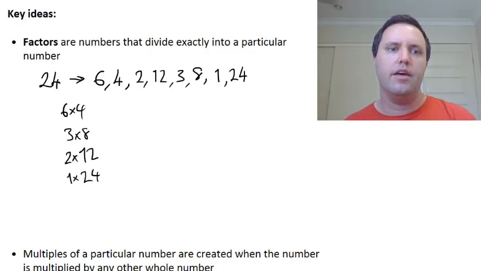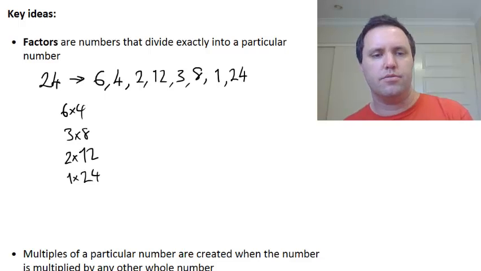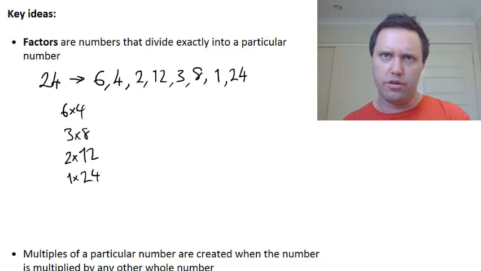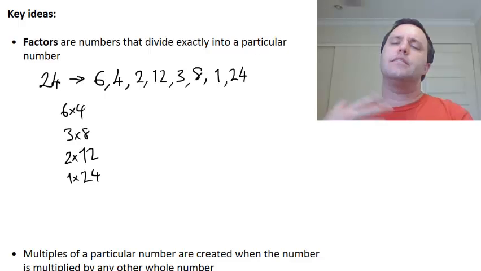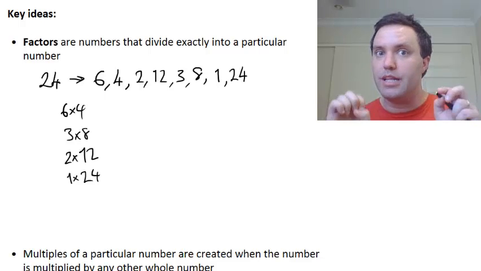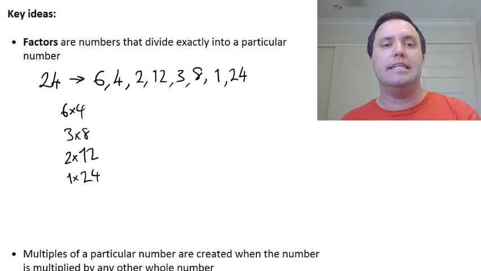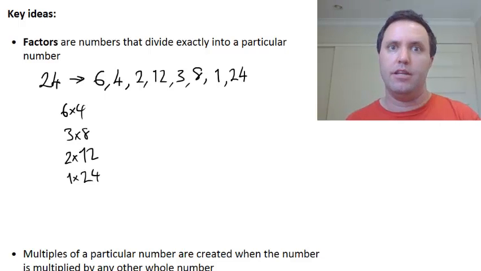Sometimes it might help to go, well, 1 obviously goes into it, does 2 go into it, does 3 go into it, does 4 go into it, does 5 go into it. So be a bit systematic about going through it, but really it's another one of those annoying things where the better you are at times tables, quickly being able to recall those multiplication facts, the better you will be at manipulating factors and quickly generating factors of a particular number.